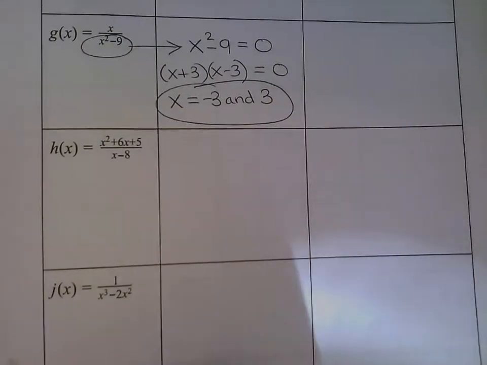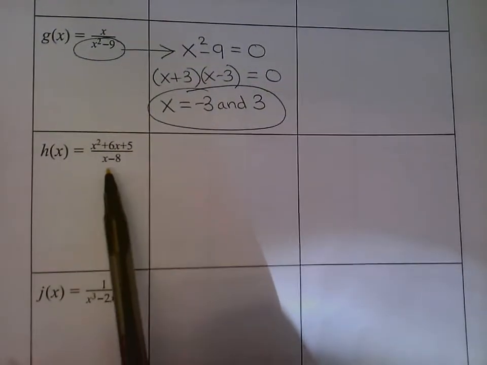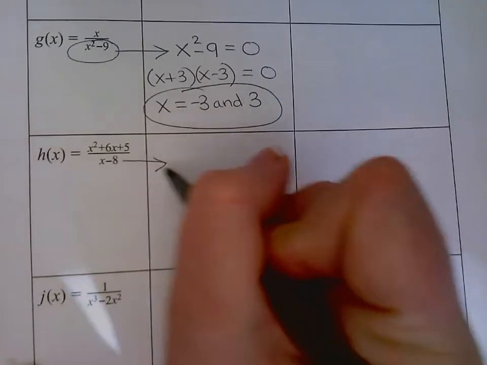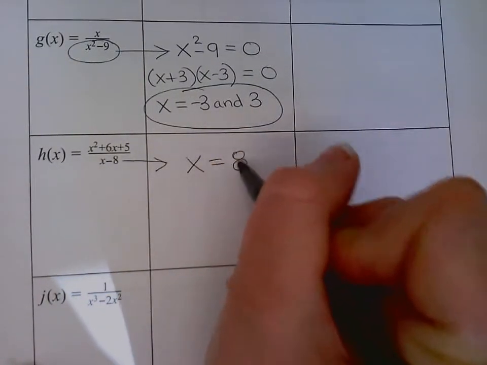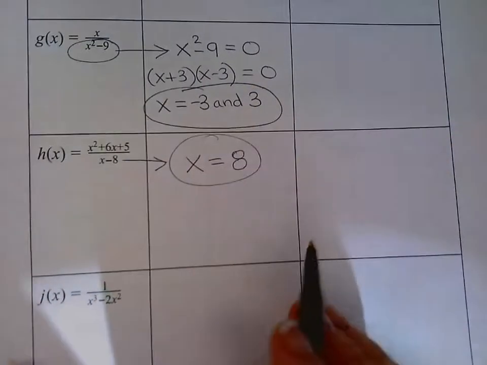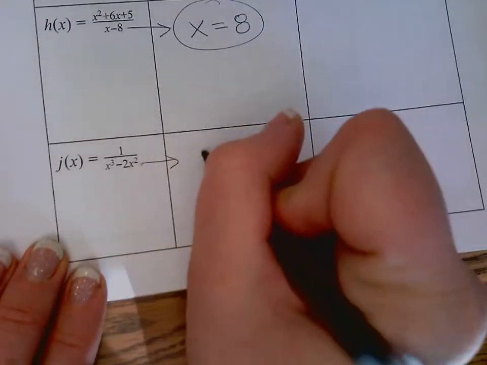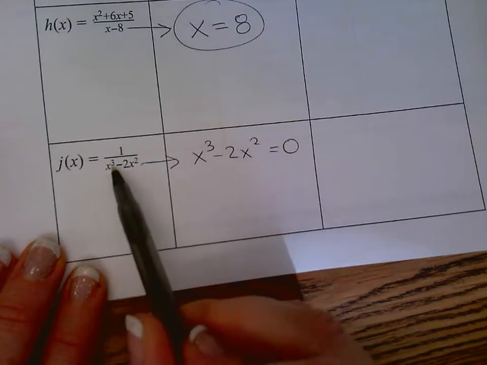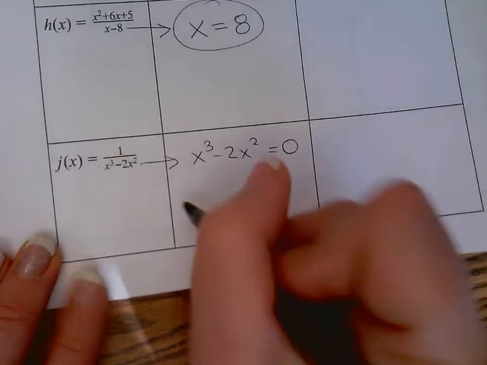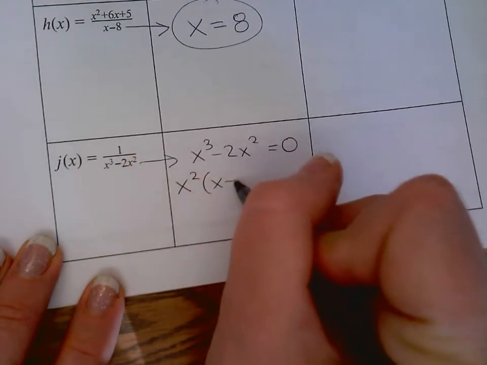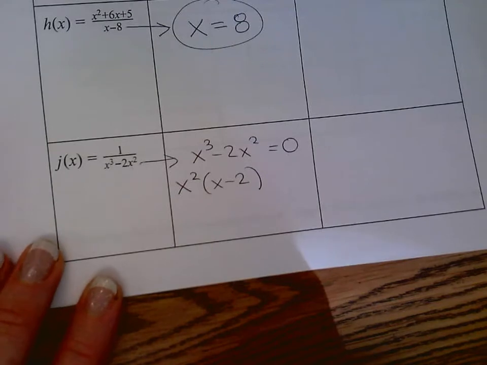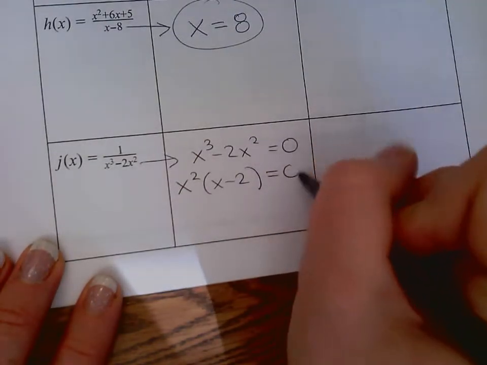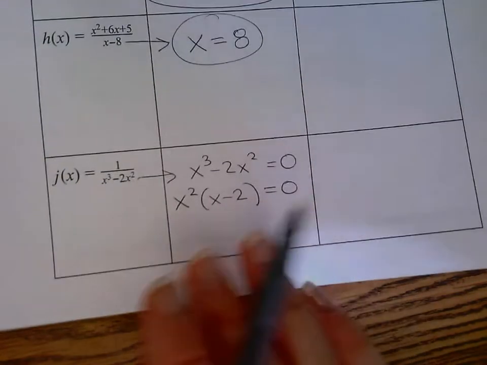All right, so you should have now done all the vertical asymptotes. Let's check our answers. This one should have been at x equals 8. This one I have to do a little factoring work. Let's see. If I set the denominator equal to 0, I would have to factor out x squared. And then I would have x minus 2 left for that greatest common factor factoring strategy.